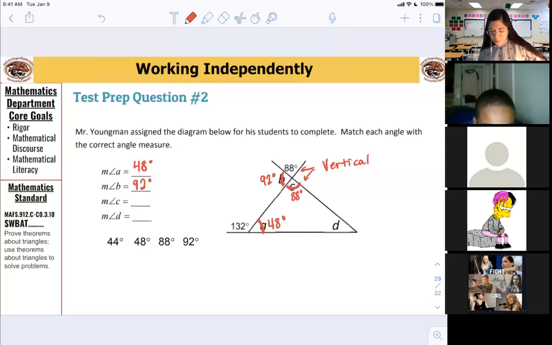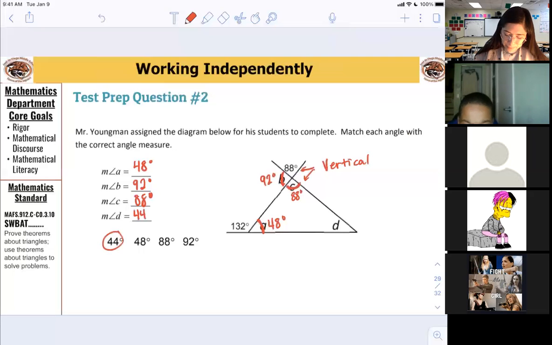Okay, and then finally for D, well, obviously it's the only one left over, but how do you actually calculate that to get 44? What's the math?